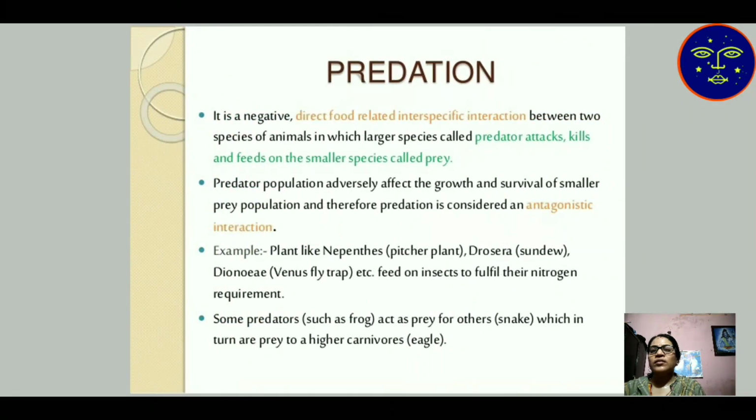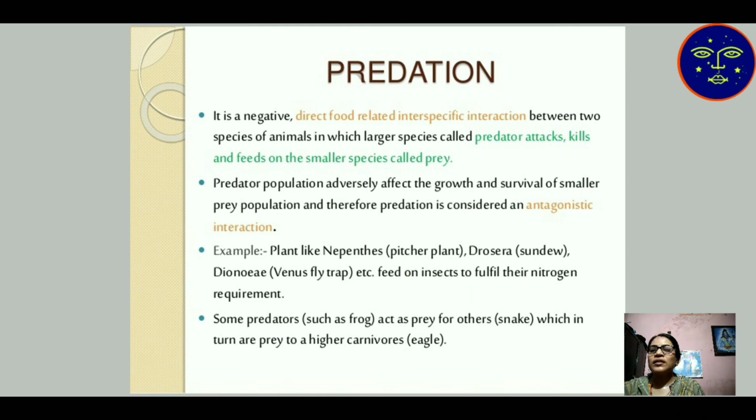Then predation. It is a negative or direct food-related interspecific interaction between two species of animals in which the large species, called the predator, attacks, kills and feeds on the other smaller species, called its prey.